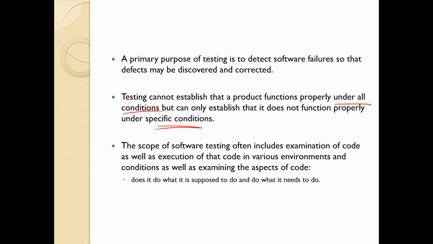The scope of software testing often includes examination of code, so the actual code itself, but also the execution of the code. So while the program is running, seeing how it behaves, how it takes inputs, and so on. And so you want to see if it meets its goals.